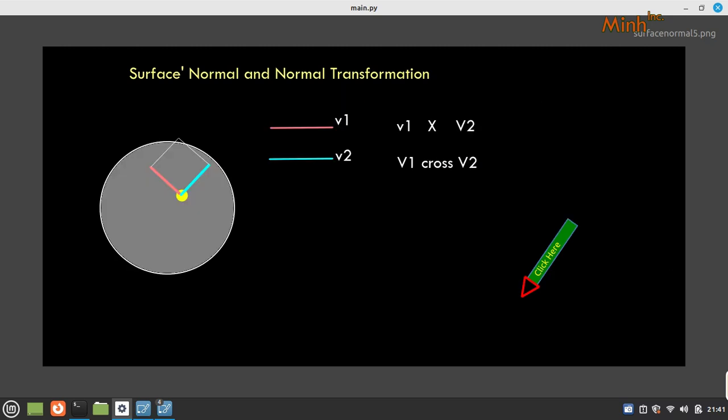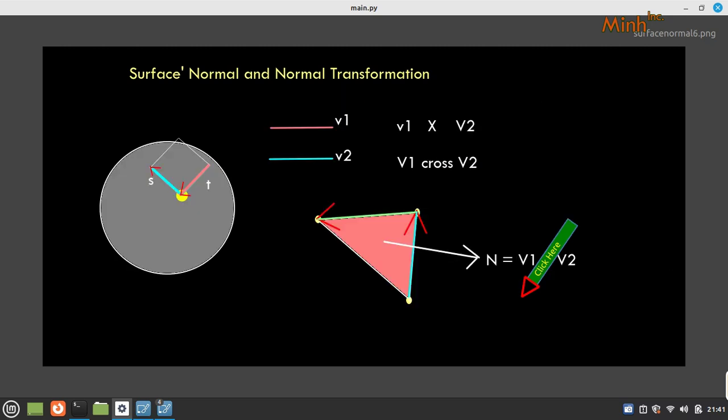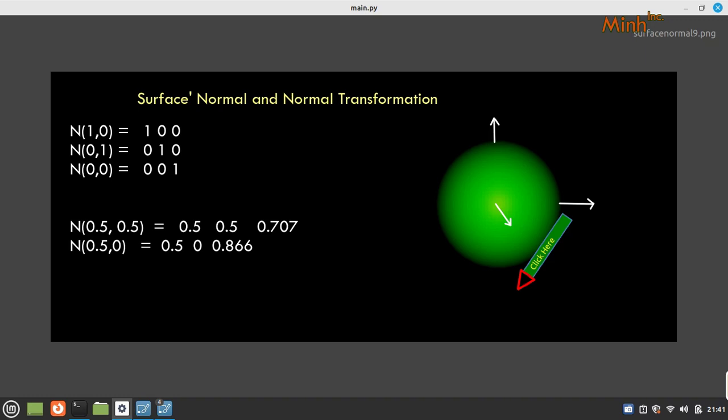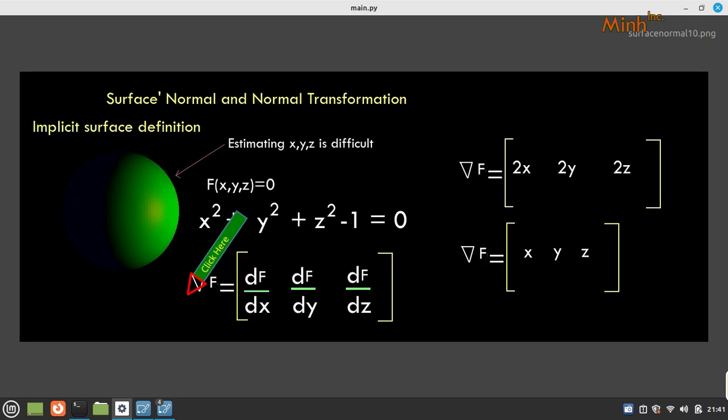In the explicit case we get the tangents and then take the cross product to get the normal. In the implicit case we get the formula in x, y, z, and then we calculate the gradient.